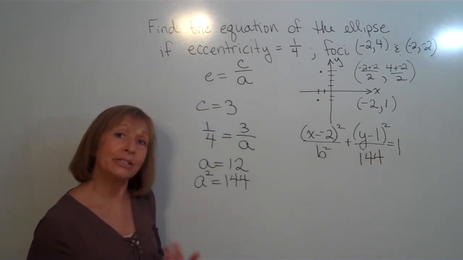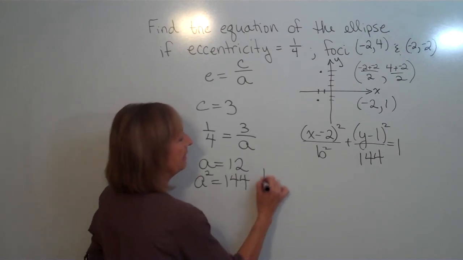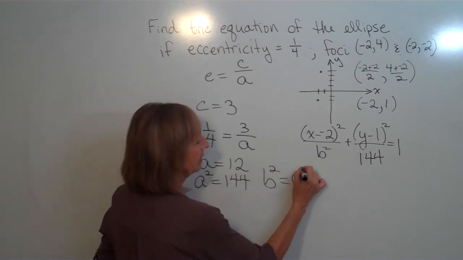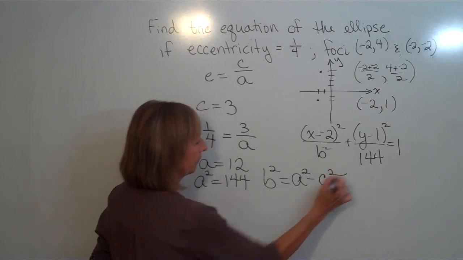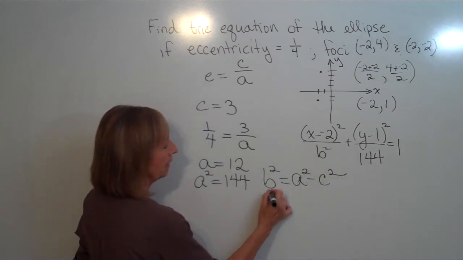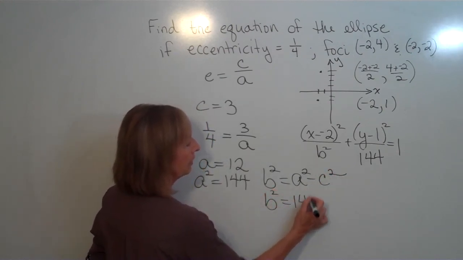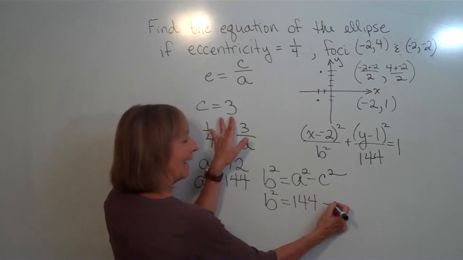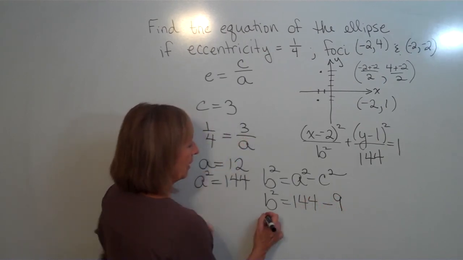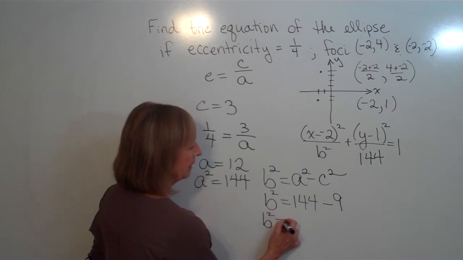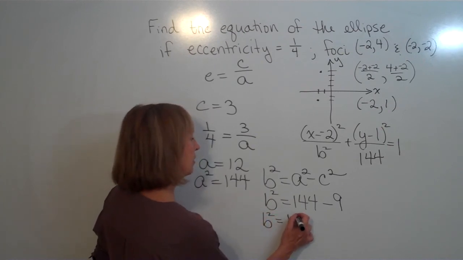And then lastly, I know in an ellipse that b squared is equal to a squared minus c squared. So my b squared is equal to 144 minus 9. So I get that b squared is equal to 135.